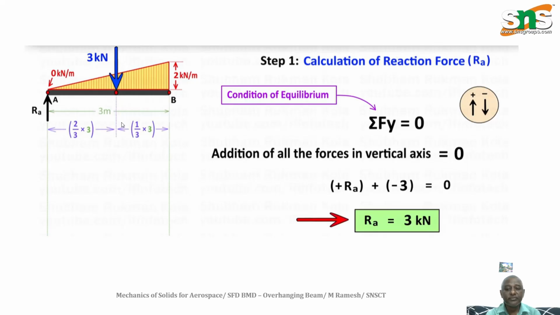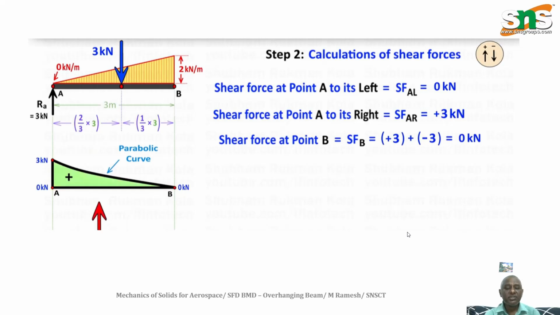By means of static equilibrium conditions, I can apply the algebraic sum of all vertical forces equal to 0. There is only one load, 3 kilonewton, which is downward. So RA minus 3 equal to 0, RA equal to 3. That's all. No more reactions are there, so nothing more to be identified. Next, we can move on to the calculation of shear forces as per sign convention.